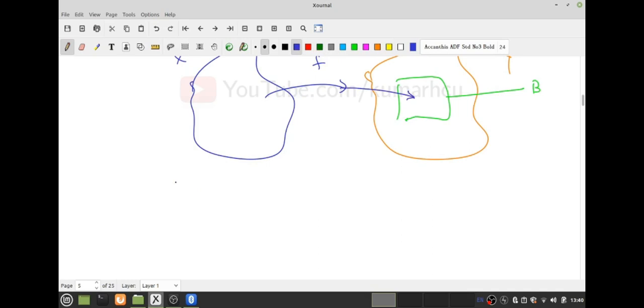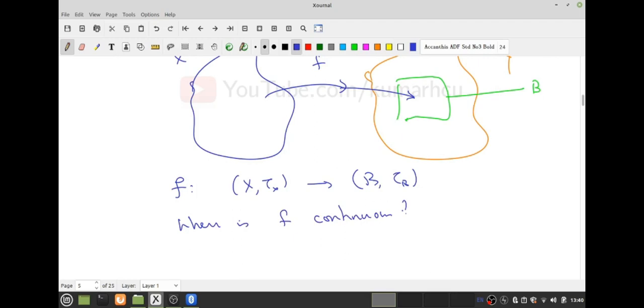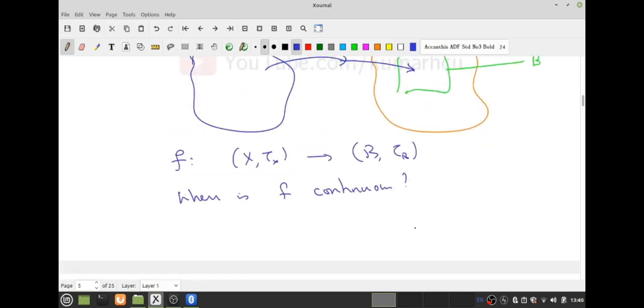So I have function F from (X, tau X) to (B, tau B). I want to know when this is continuous. And you will say that's obvious. Between two topological spaces I have been given a map, so you know how to check continuity, right?